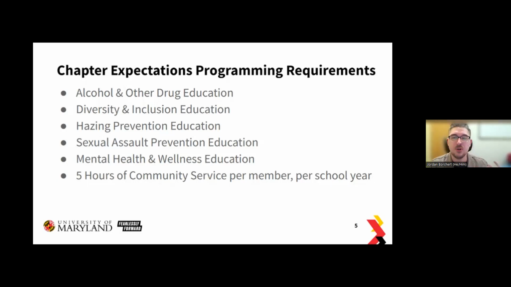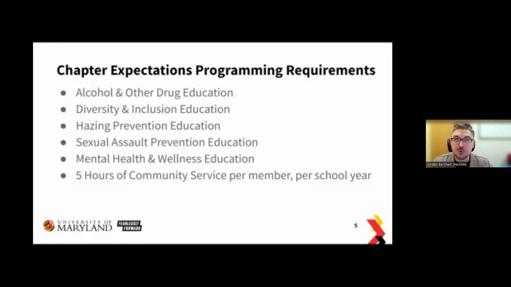They should get some of those benefits, which we'll talk about earlier, but we also want to make sure that we're intentional in holding the members in our community accountable to learning and understanding areas in the following: alcohol and other drugs, diversity and inclusion, hazing prevention, sexual assault and sexual assault prevention, mental health and wellness, as well as making sure that each member has 5 hours of community service per member per school year.